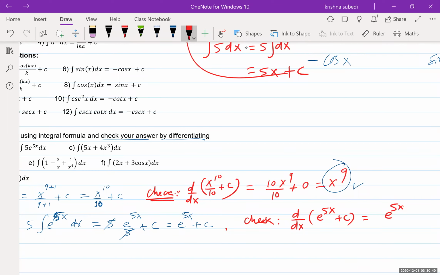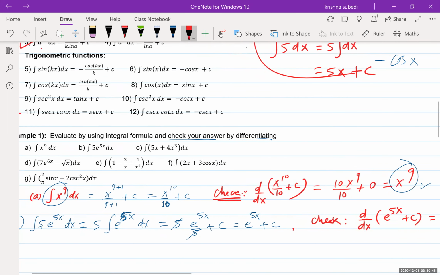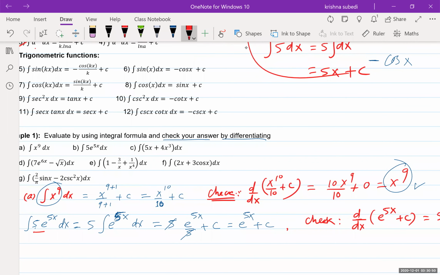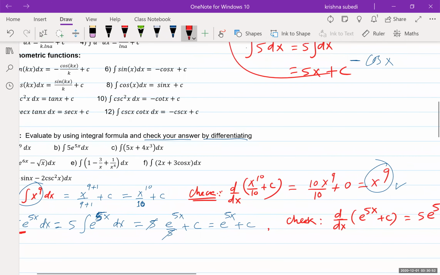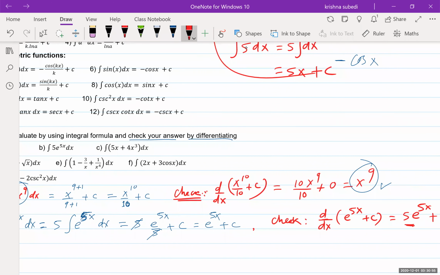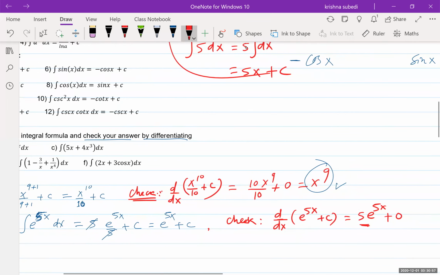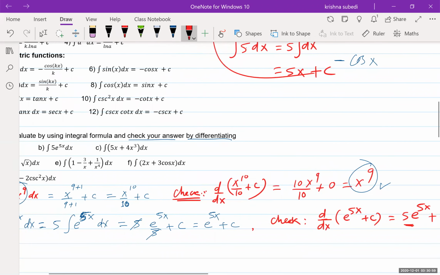Using the chain rule, we need to find the derivative of the top, which gives me 5e to the 5x plus c is 0. Derivative of c is 0. So that's exactly what we got, right? So you see 5e to the 5x, and we got the same thing, 5e to the 5x. Yes, our answer is correct. That's how we can do it.